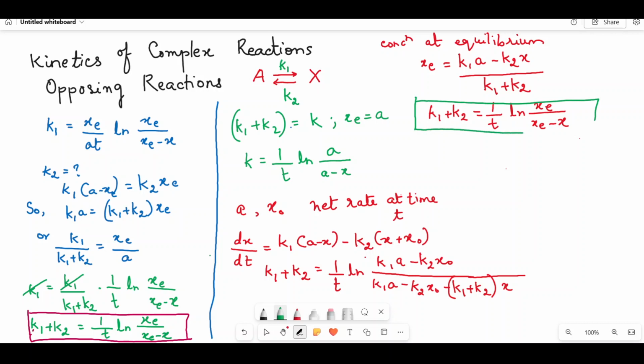You can say this is our final equation. Therefore, you can say the mutarotation of alpha D glucose into beta D glucose is an interesting example of this reversible first order reaction: alpha glucose going to beta D glucose.